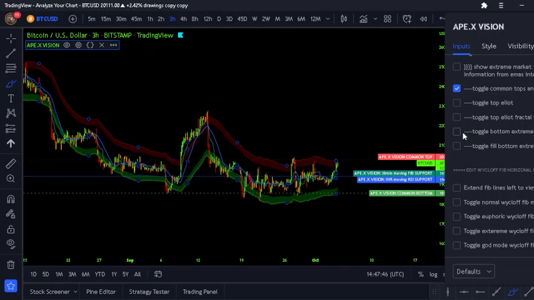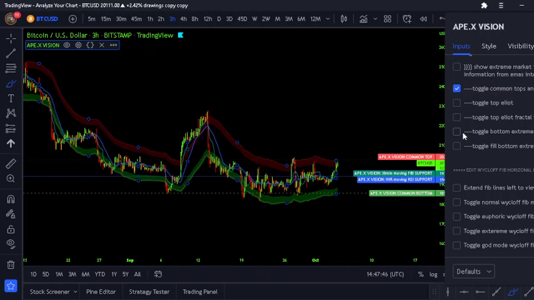Okay, so the normal market EMAs will be more relevant to price action. Here we have the 55, the 100, the 55, 200. These are used for support and resistance target ranges.